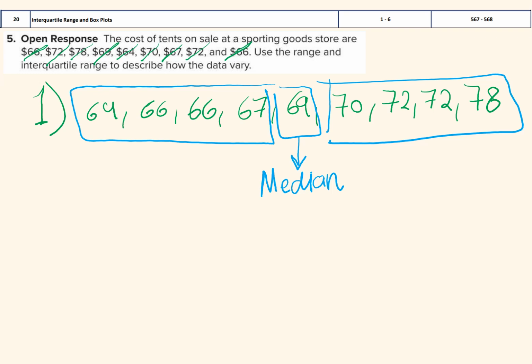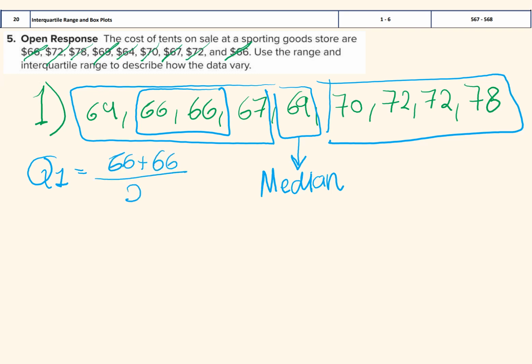So to find Q1, you need to find the value here in the middle. But in the middle here, I have two values, not only one value. If you have two values, then you need to add them and divide by 2. If you have only one value, then in this case, this will be Q1. But here we have two values, so I'll be adding them and divide by 2.